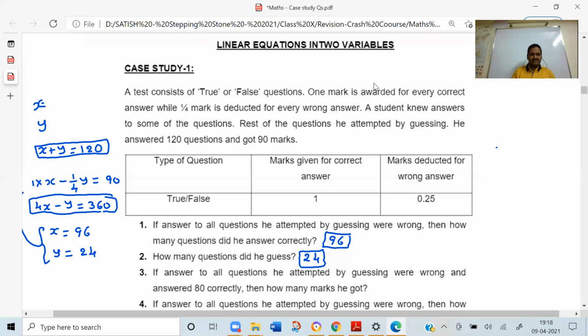Next, observe the third question. If answers to all the questions he attempted by guessing were wrong and he answered 80 correctly, then how many marks did he get? Now, try to frame the equation.